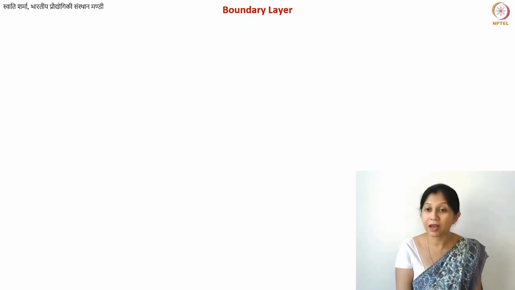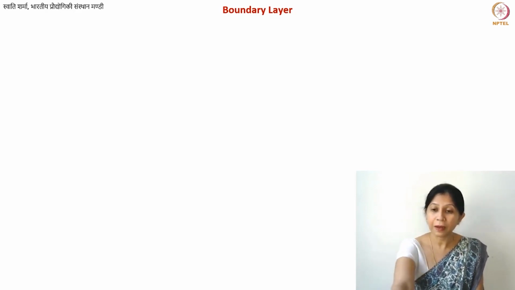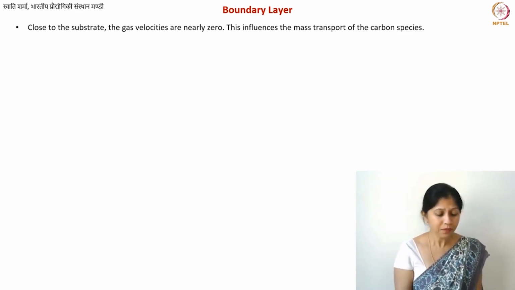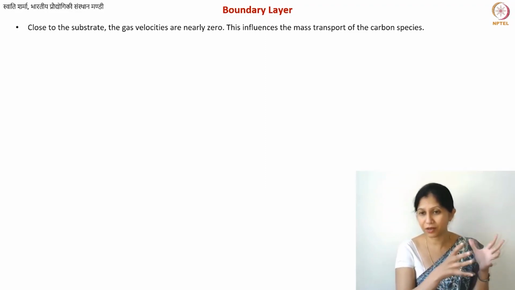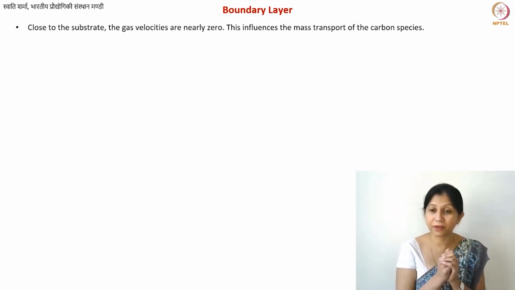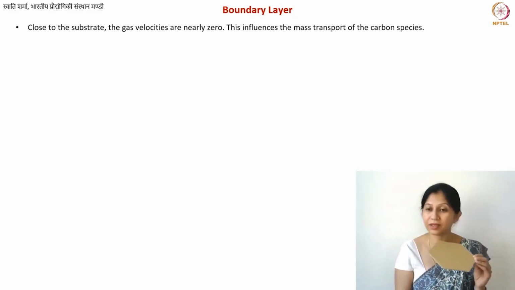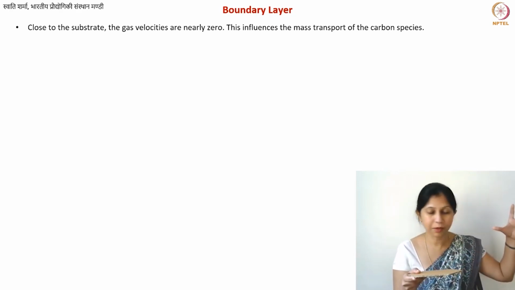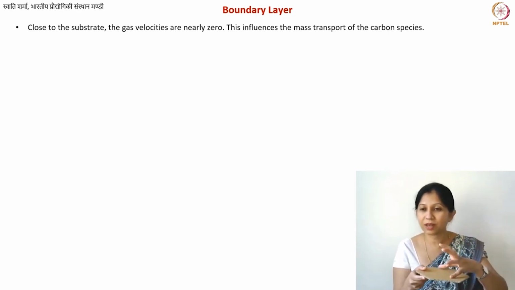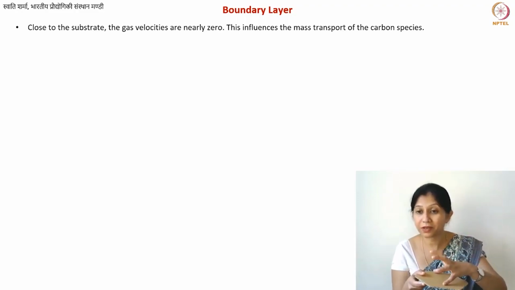Maybe some of you are already aware of it, but I'll briefly describe it again. When you have any fluid, let's say your CVD reactant gases, flowing inside your chamber, then very close to the substrate, let's say this is your substrate and you have all the gases coming from here, what will happen? What will be the velocity of your gases?